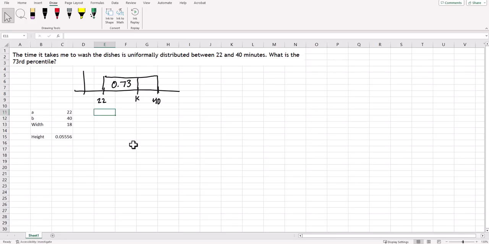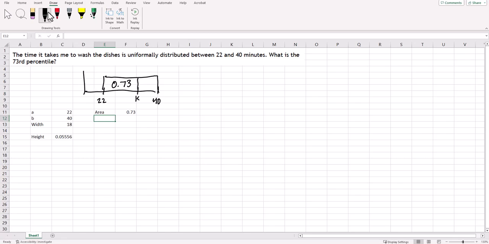So one way I can do this, the area I'm looking for here, my percentile, 0.73. So if I want to find the width of this piece right here from 22 to K, that width here, I'll call it X, and I'll write it here with a mouse. Oh, okay, that's pretty bad. Almost looks like my K. Maybe I'll grab my pen here. Oops, oh boy. I gotta get my axis back.